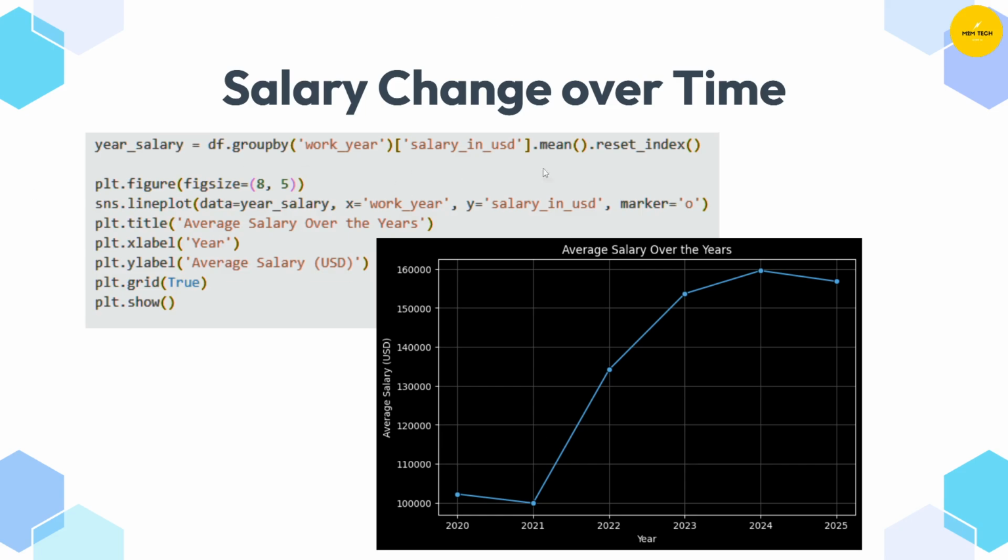The last factor I decided to check is the salary change over time. So as before, we get the year salary by using the data frame, and we can see that the average salary over the years has increased during COVID.